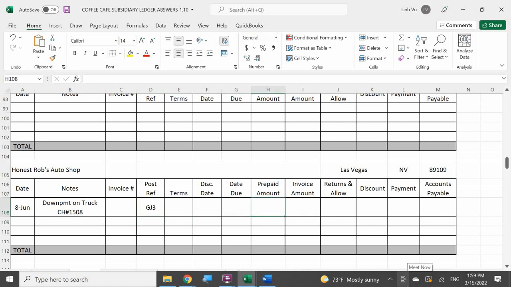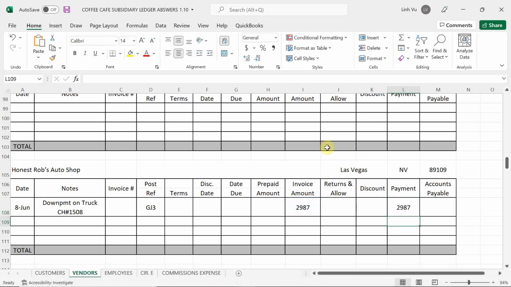And in this case, you paid Honest Robs $2,987, right? Now, because you made a payment to Honest Robs, the next question is going to be, when you end up having to pay for the truck and make your monthly payments to your truck, who are you making a payment to at the end of the day? Who am I making my truck payments to?